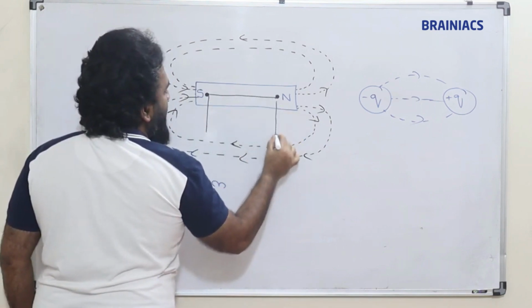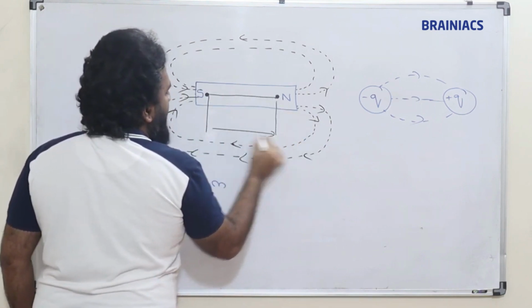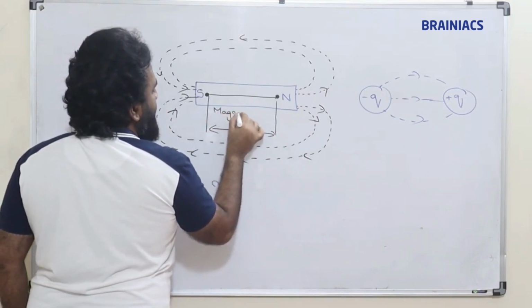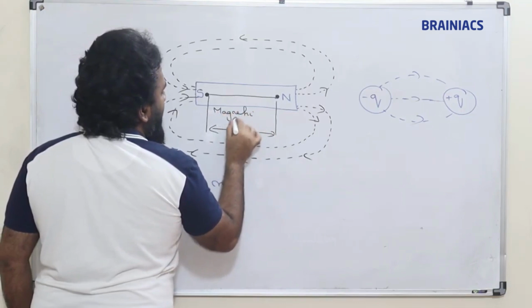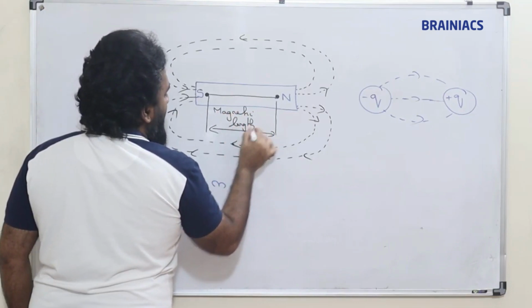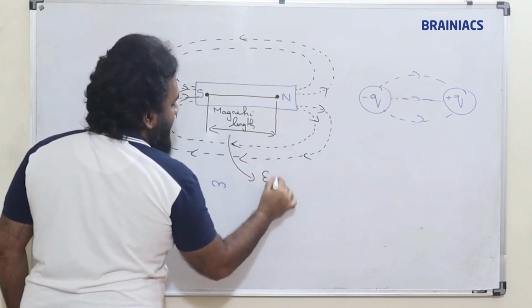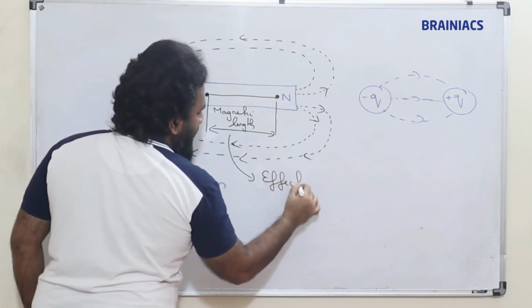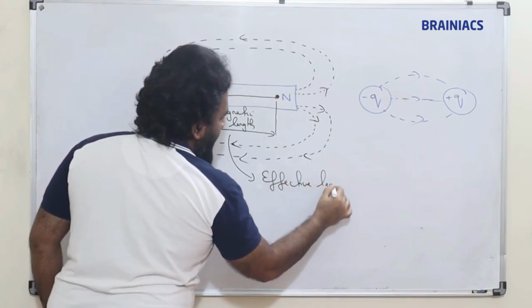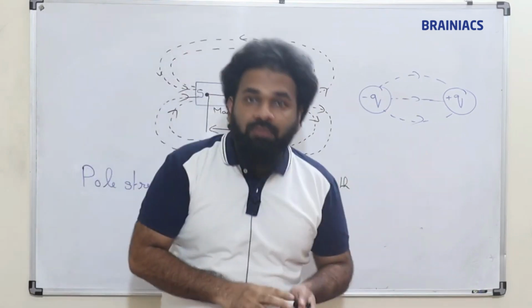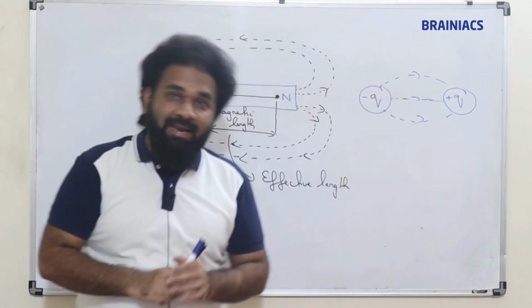Between the poles, whatever be the length, that is called the magnetic length, or we can say this is nothing but the effective length.